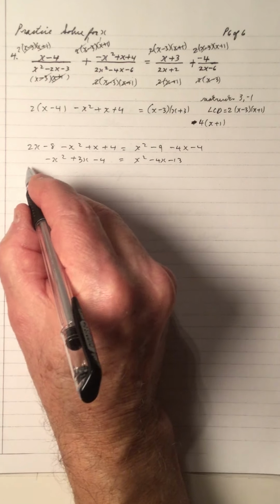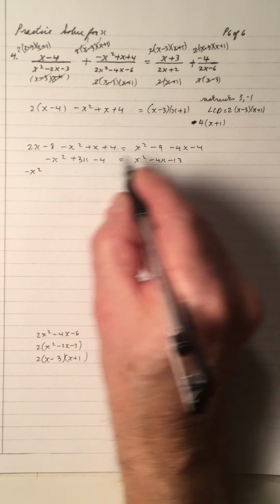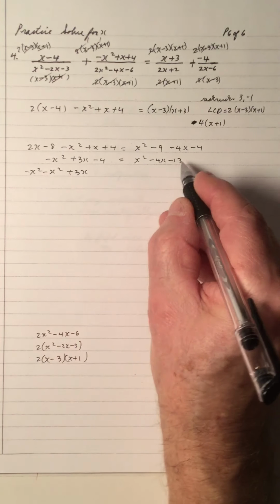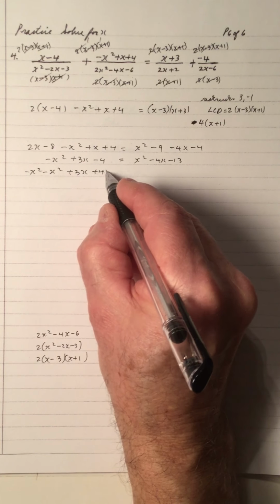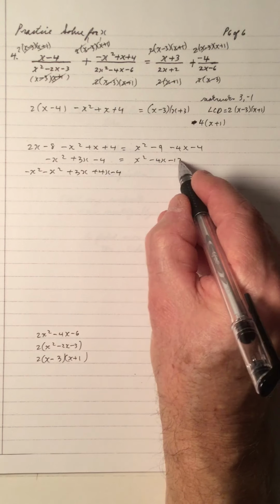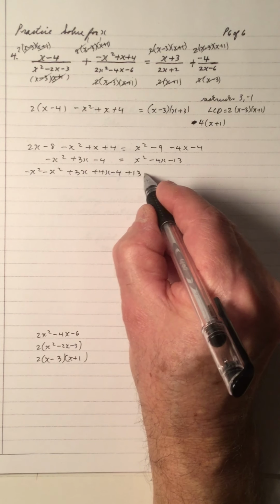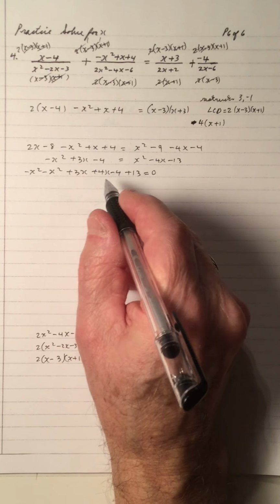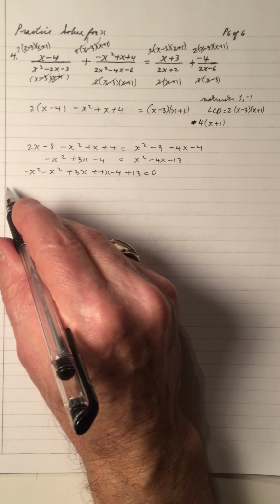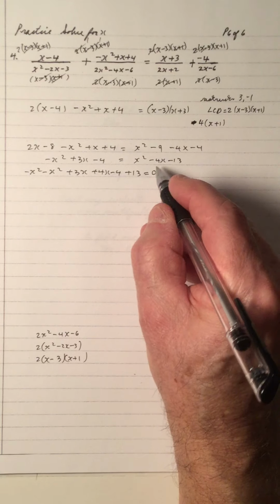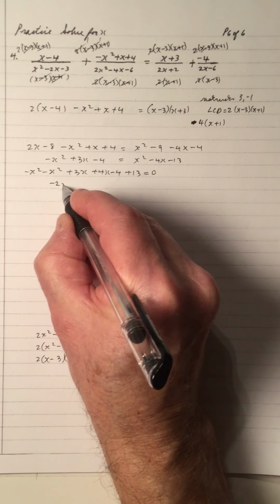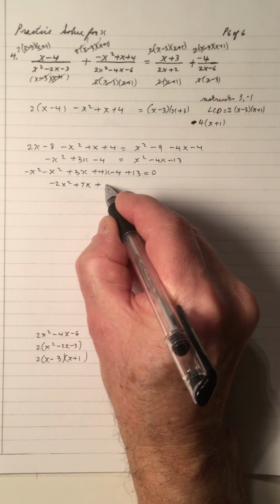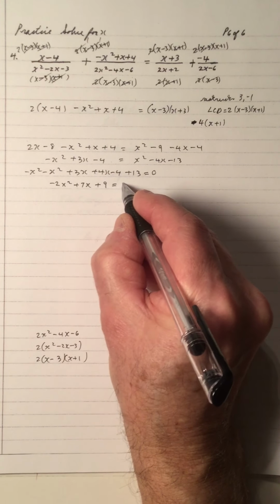Now we move all the variables to the left, negative x squared minus x squared plus 3x plus 4x minus 4 plus 13. Because I have an x squared, I have to move all the variables and the numbers to the left side in descending order equal to 0. So that gives me a 2x squared plus 7x plus 9 equals 0.